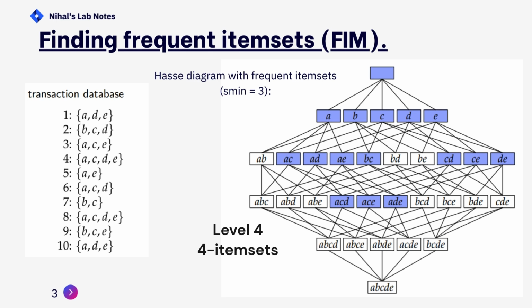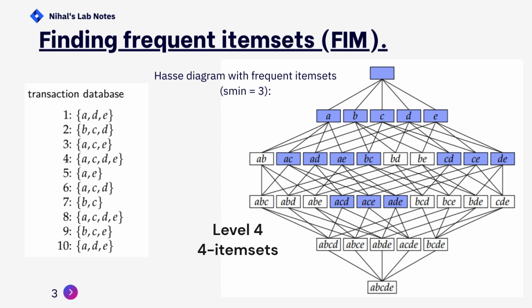In this level, we are also going to calculate the support of each of them, and all their supports will be less than 3, the minimum support. So there is no frequent item set of size 4 in level 4.